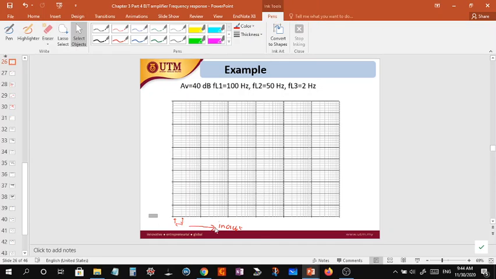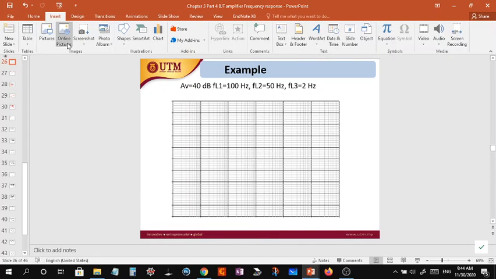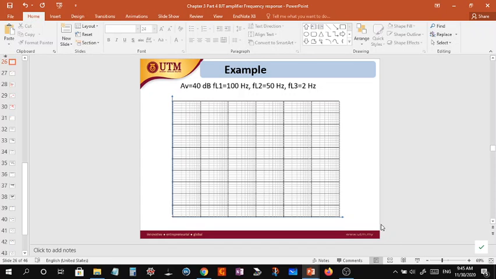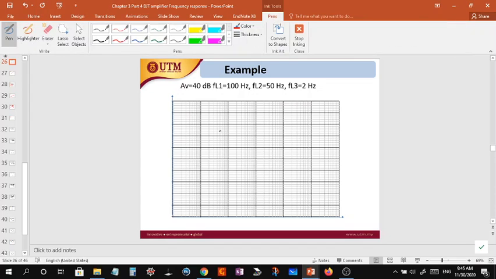Okay. After that, when you have the semi-log, next you can put your axis. So let's say I put the axis here. This is frequency, and this is gain. The unit of gain is dB, and this is frequency, the unit is hertz.